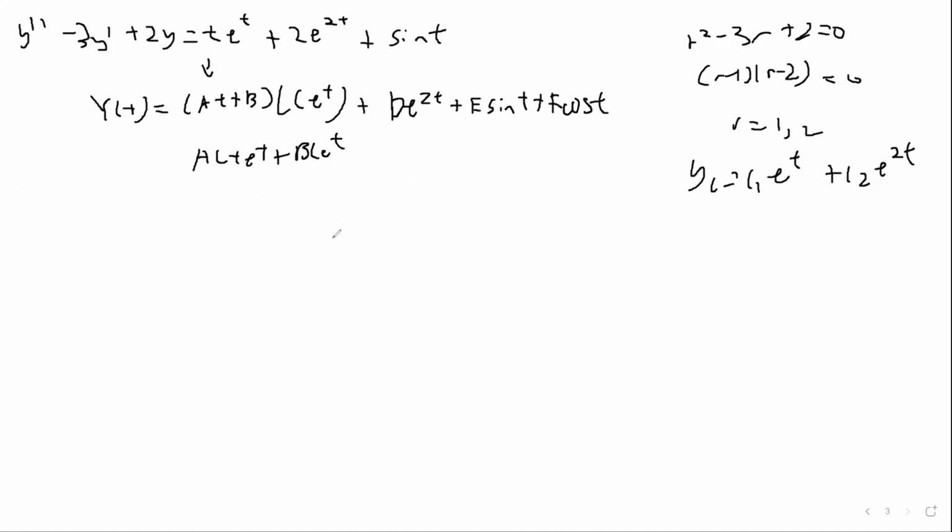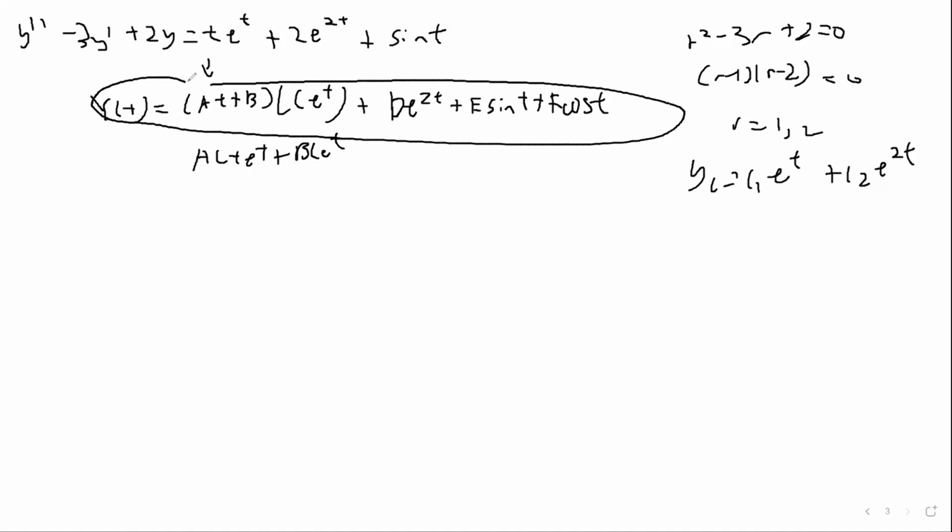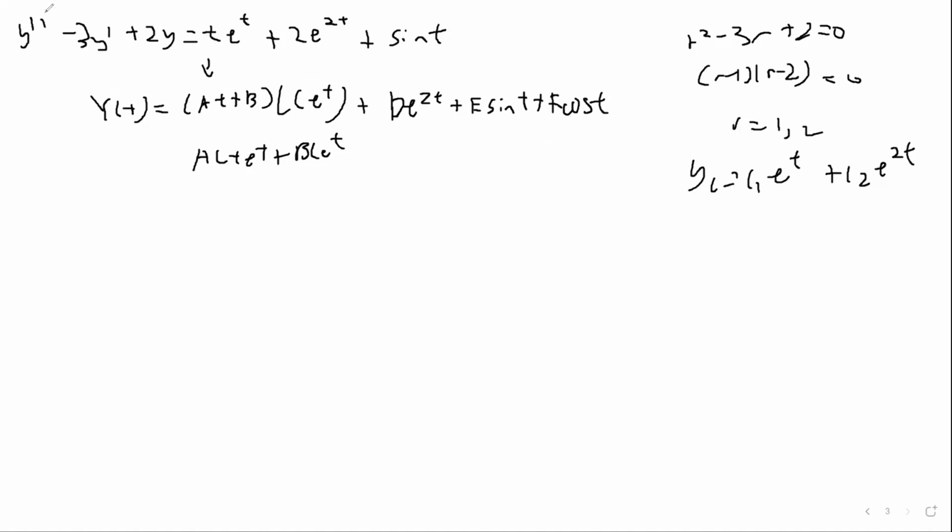I have to restart. We're looking at the right side, and we're trying to turn it into a possible solution, which, when we plug it in here, will allow us to solve for all of the coefficients a, b, c, d, e, f. So we don't need it to look like AC or BC. We only need it to look like A and B.